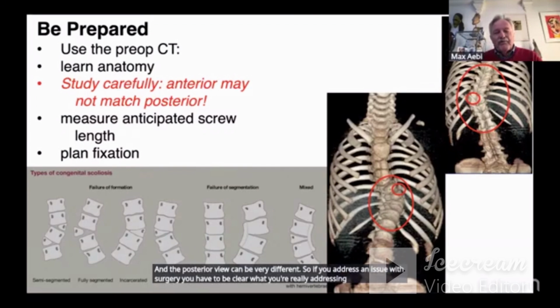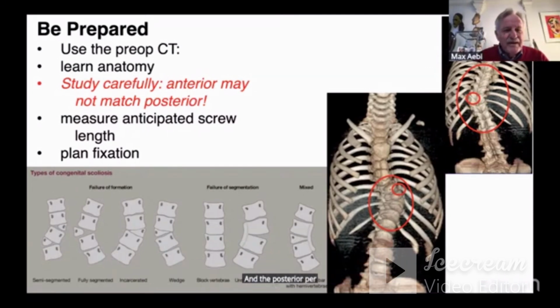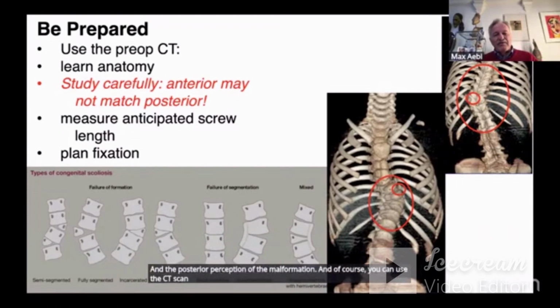It has been shown before by a colleague that the combination is sometimes very strange between the anterior perception of the malformation and the posterior perception of the malformation. And of course, you can use the CT scan to really plan the surgery, like in architecture. You can measure the screw length, you can measure the screw size, and so on. So you can make a surgical plan with that.